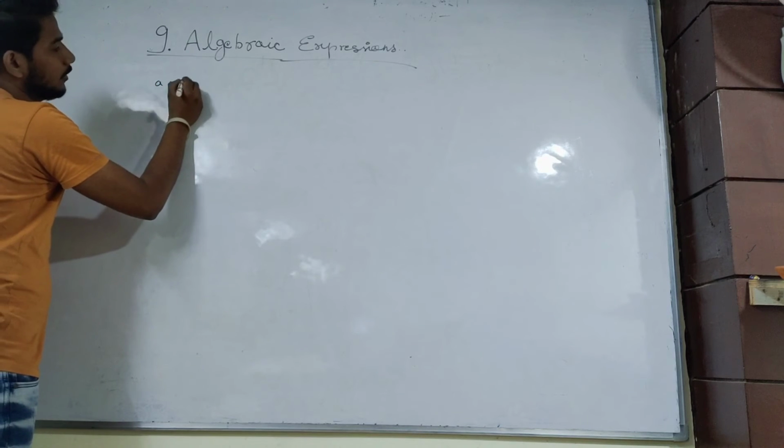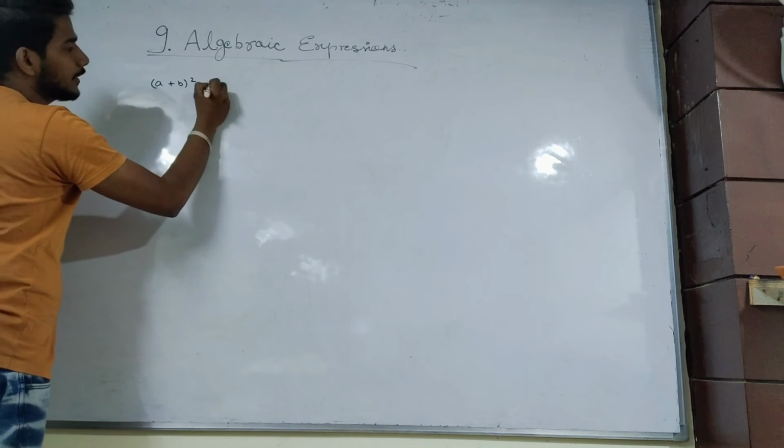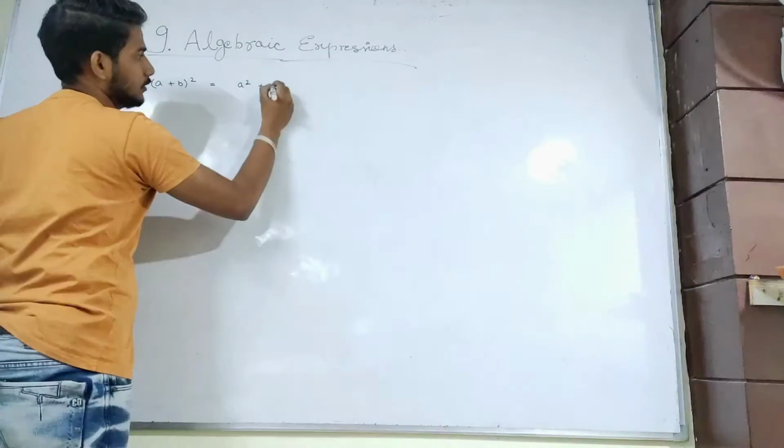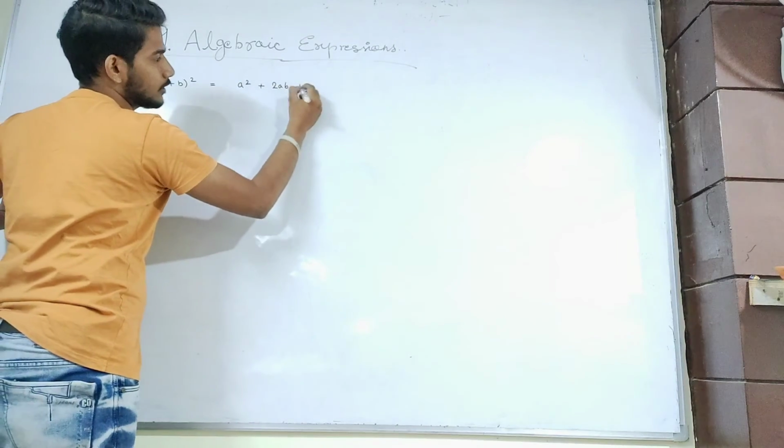A plus b whole square opens like this: a square plus 2ab plus b square.